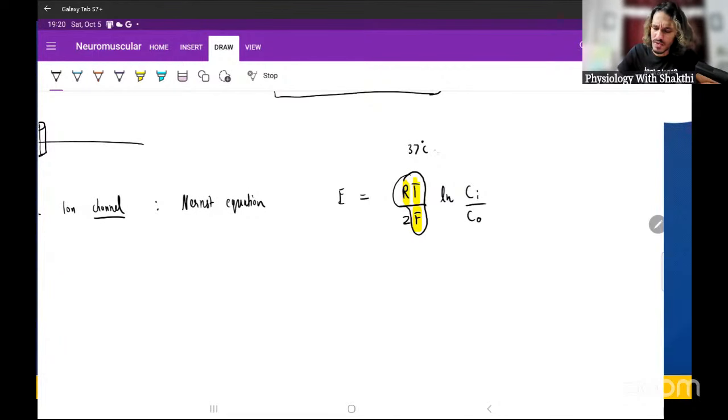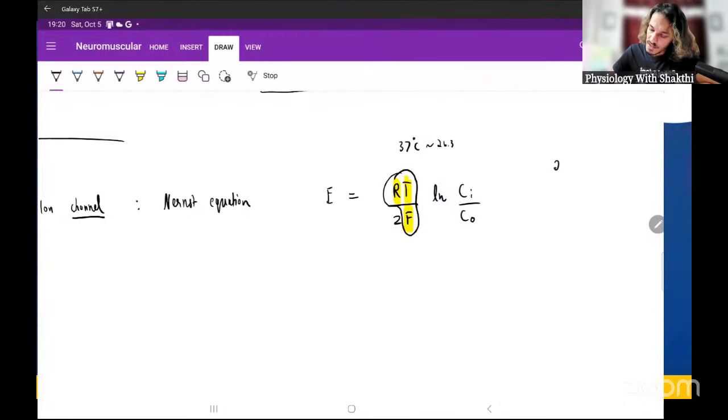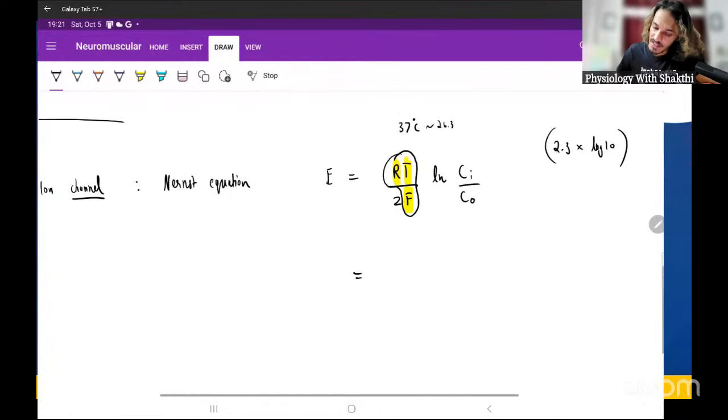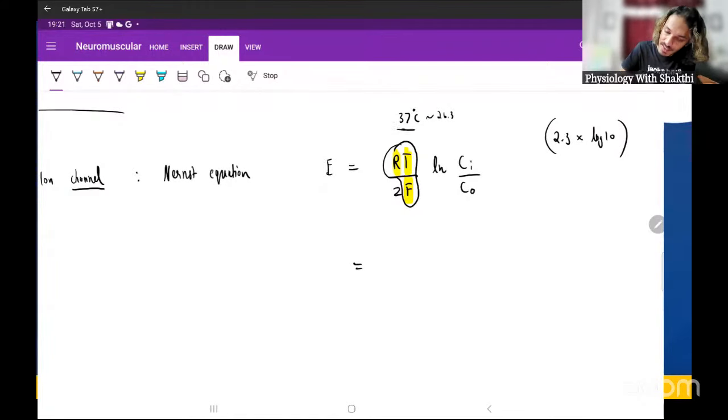This is a constant actually. It'll come to around 26.3, something like that. What is the natural log? 2.3 times your log 10 is what is a natural log. So ultimately, this equation can be written at 37 degrees Celsius as plus or minus 61.5.